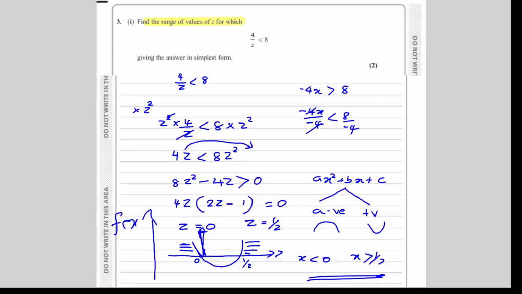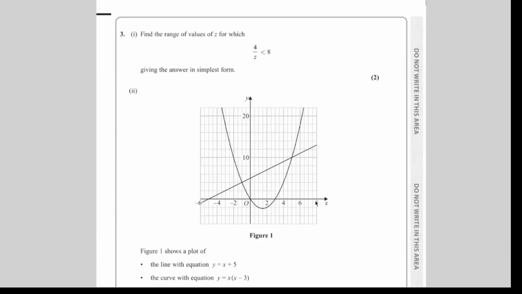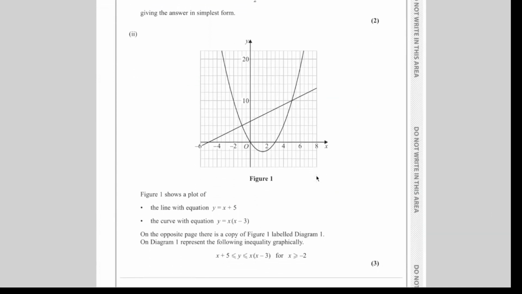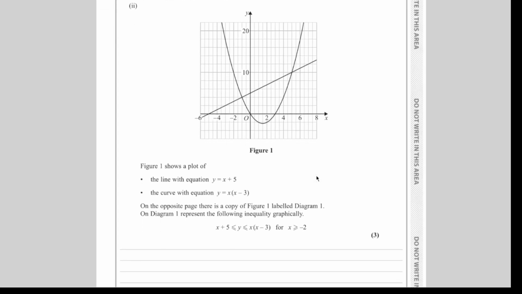So let's do part B then. Part B, part 2. We've been given figure 1, which shows a plot of the line with equation y equals x plus 5, and the curve with the equation y equals x times x minus 3.